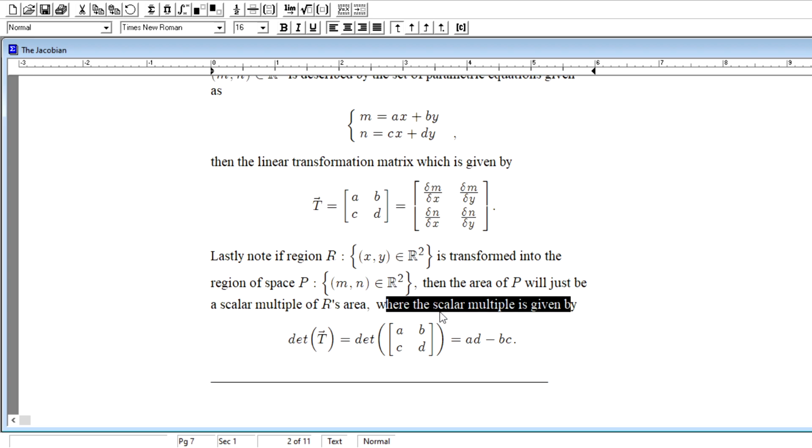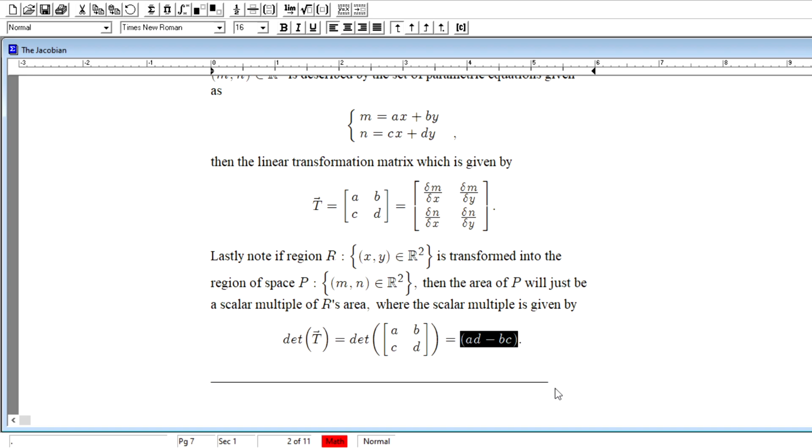Again, here we note that scalar multiple is just given by the determinant of T. If T is this matrix A, B, C, and D, the determinant of that 2 by 2 square matrix is just the quantity A times D minus the quantity B times C. It is just this quantity given here, this difference of the product of A with D and B with C. What we will see is that if R has a particular area, then P's area will just be this number times R's area.